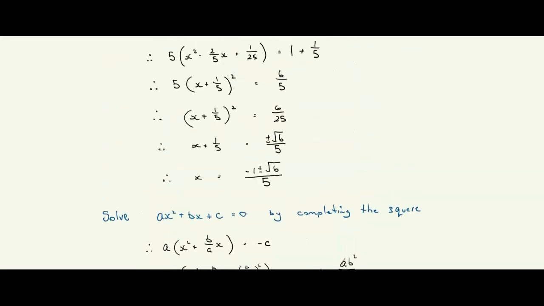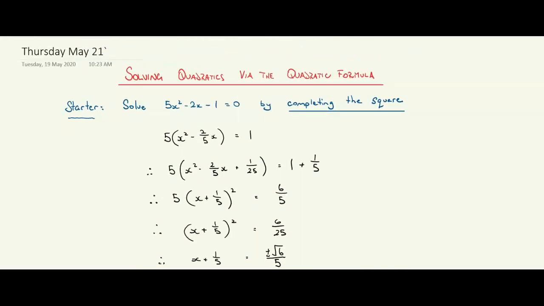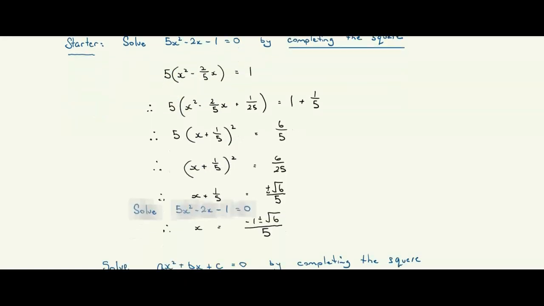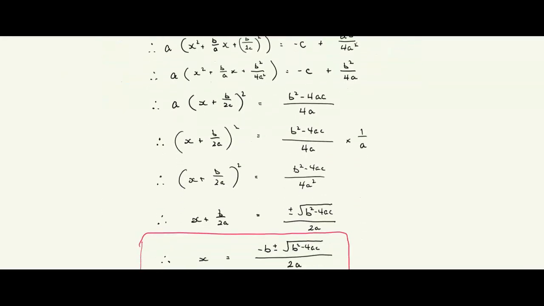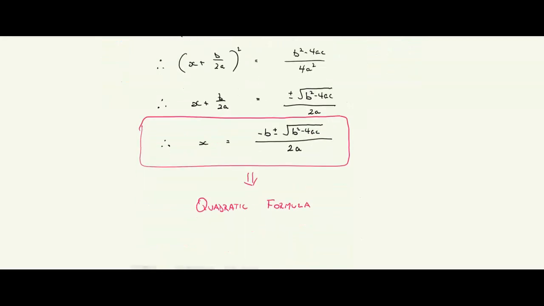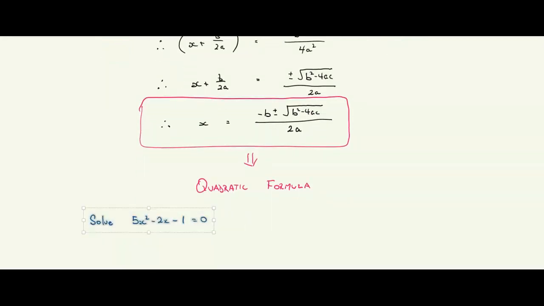Because if we go back to our example up here, and if I lasso that and drag him down, so now we'll solve him, but not by completing the square, but by use of the quadratic formula.